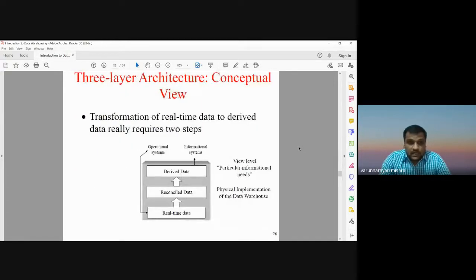Three layer architecture is a transformation of real time data to derived data in two steps, with the operational system and the information system. It starts from the real time data, then reconciled data, and then we can have the derived data set. It serves particular informational needs and is a physical implementation of the data warehouse.